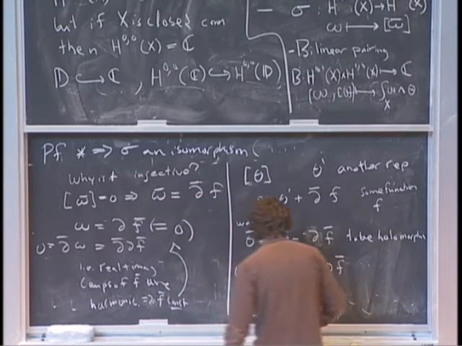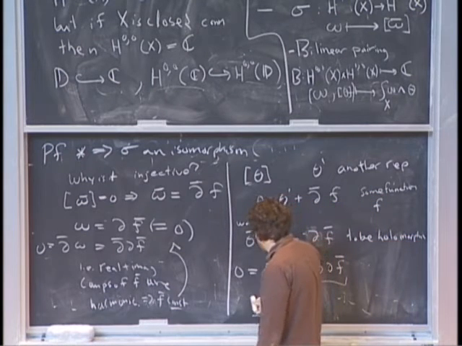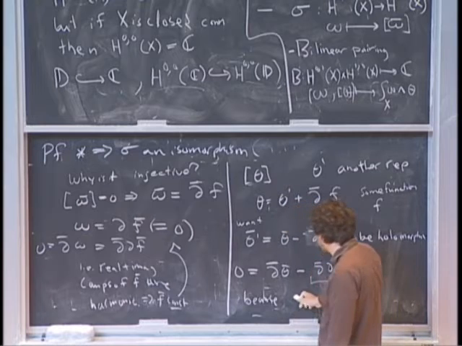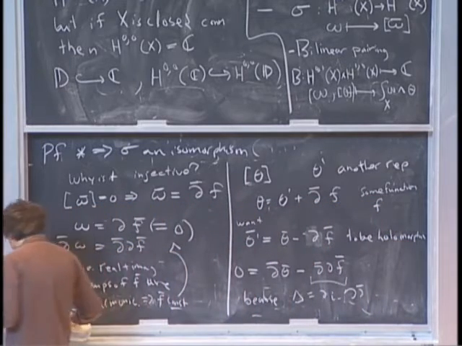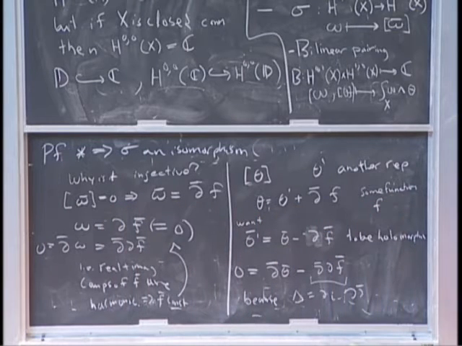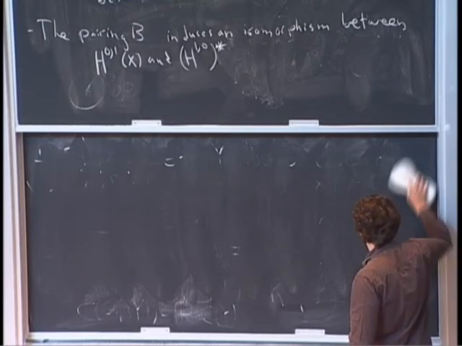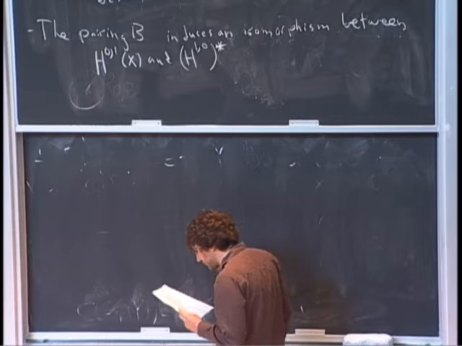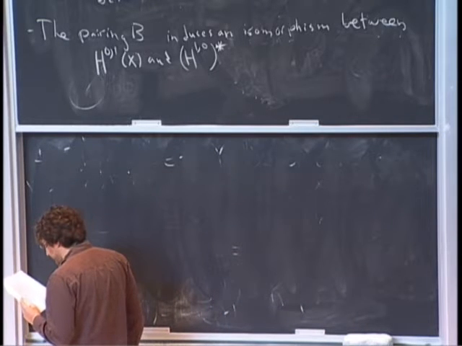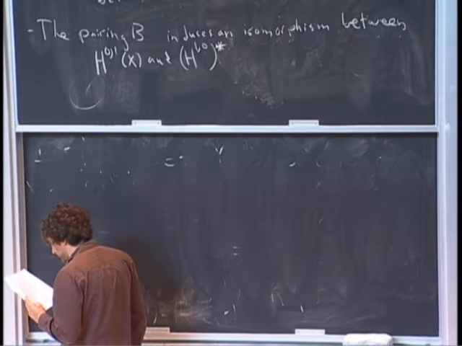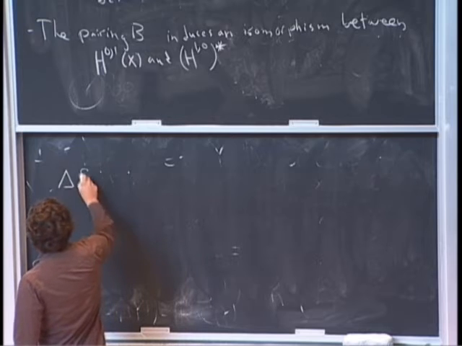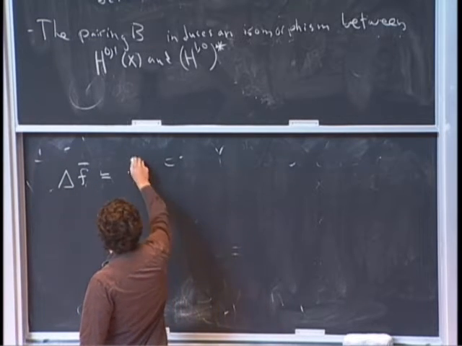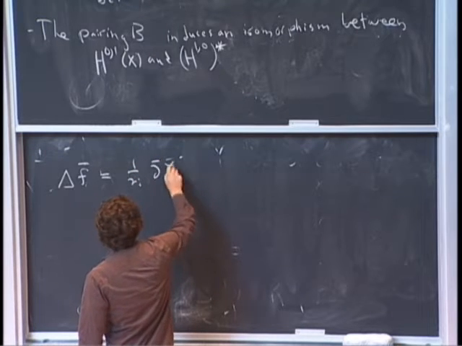If we rewrite things, because delta is equal to 2i del bar, this is essentially the same as solving delta of f bar equal to 1 over 2i del bar theta bar, right?